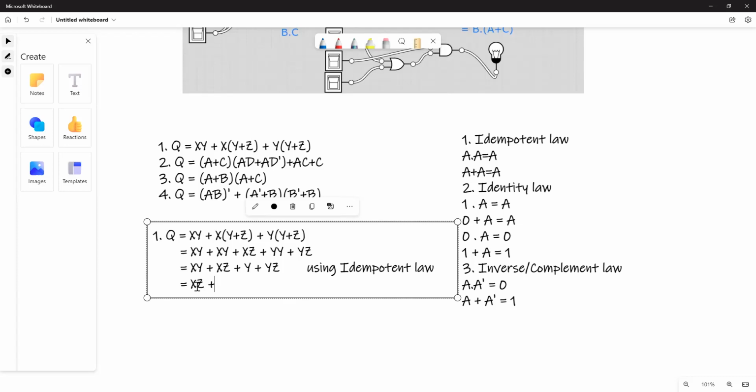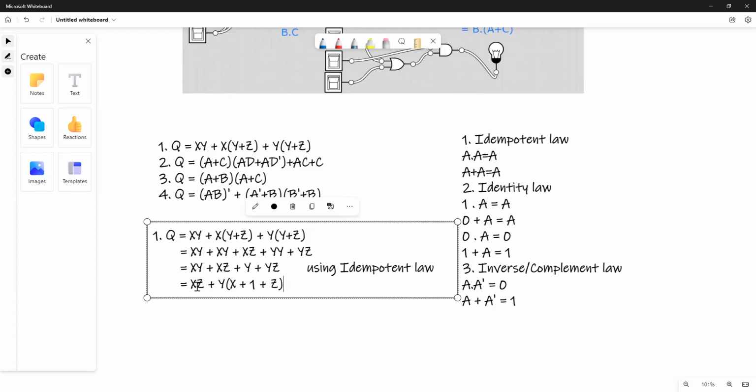plus, I can now take out y, right? I can take out y. So when I take out y from all the expressions, we are left with x plus 1, isn't it? 1 plus this is, isn't it?